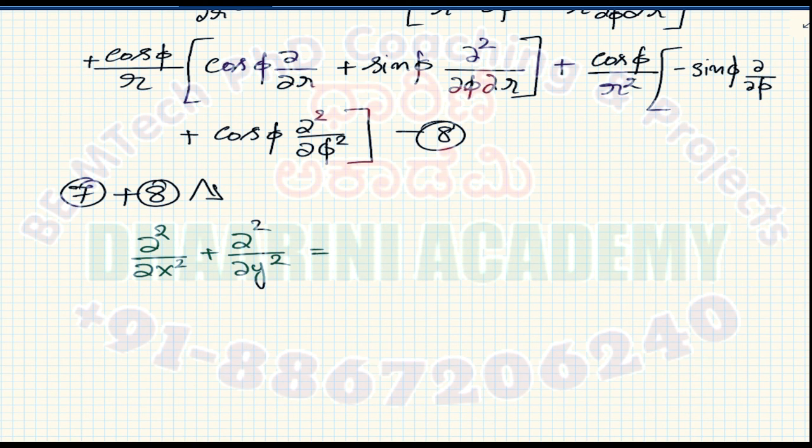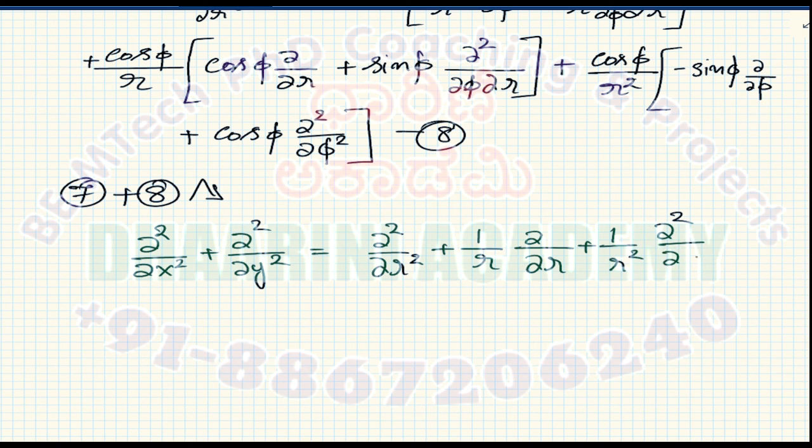On the RHS, when you add up, right, you will see that most of the terms will cancel. What remains I'll write directly. You can verify this later. So we have dou square by dou r square plus 1 by r times dou by dou r plus 1 by r square times dou square by dou phi square. This is what remains, right?